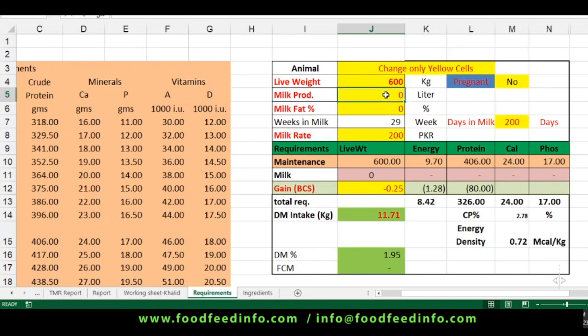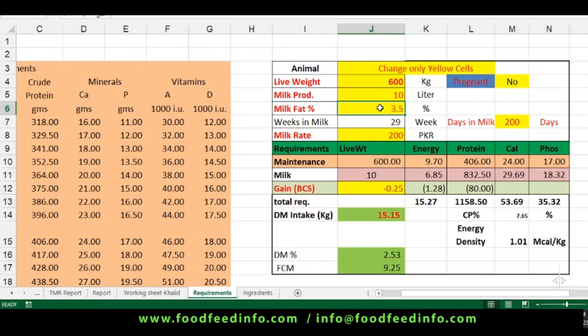Now we just put in the milk yield of the animal, and if we know the milk fat content, like it is 7%, you can see how this milk is converted into 4% butterfat, and then the requirements for milk production have been listed over here. Now if you change the milk fat content to 3.5, you can see a change in the nutrient requirement by simply changing the milk fat content.